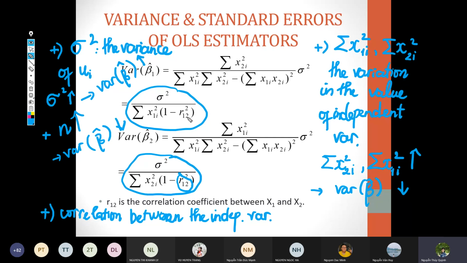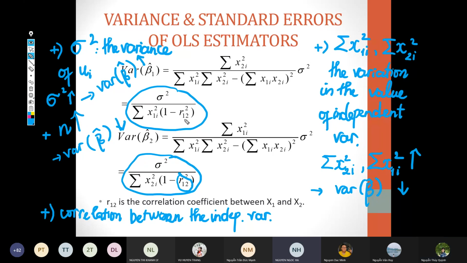Our correlation coefficient has a value from -1 to 1, so the square of the correlation coefficient has a value from 0 to 1. What happens when this equals 0? Then the variance will be smallest, other things unchanged.